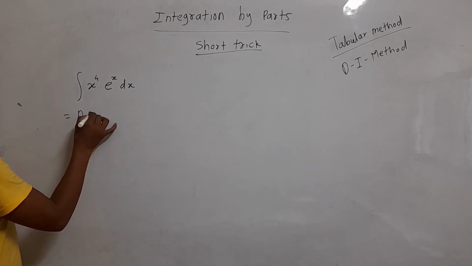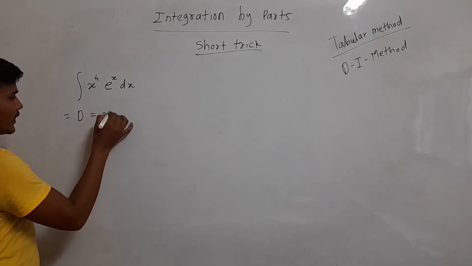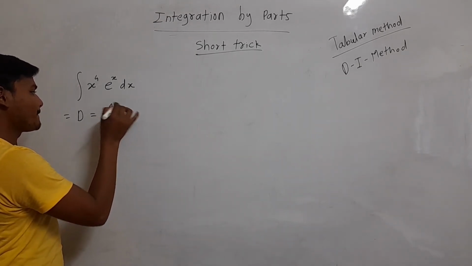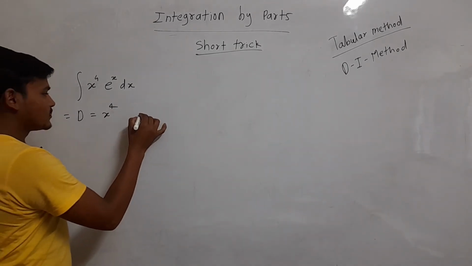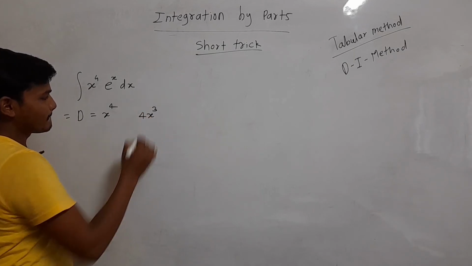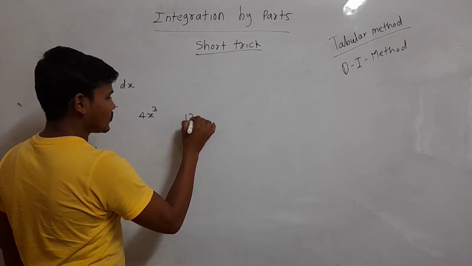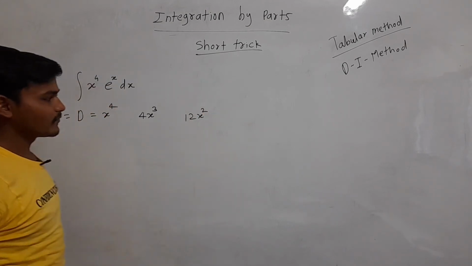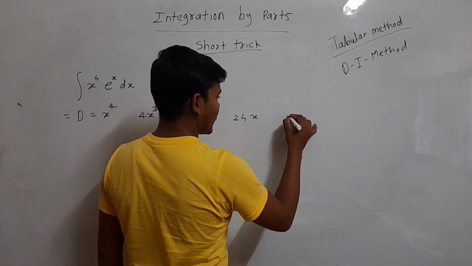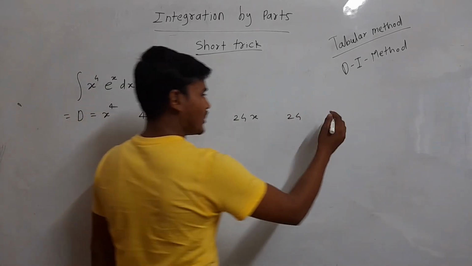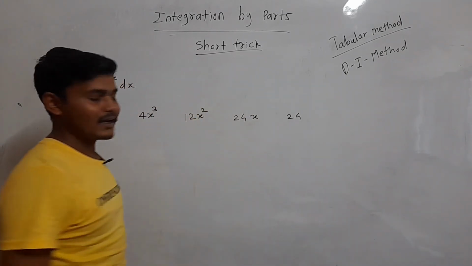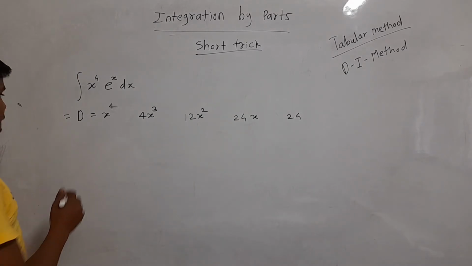Differentiating x raised to 4 gives 4x cube, then 12x square, 24x, and 24, and on differentiating 24 we get 0, but multiplying by 0 we get 0.